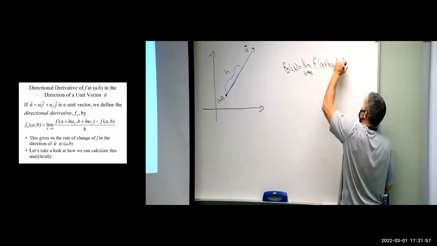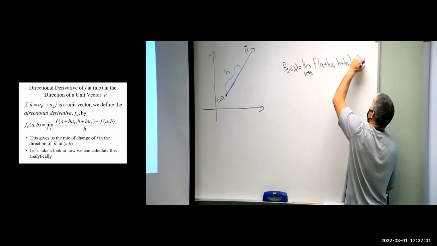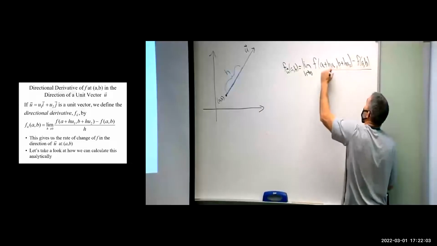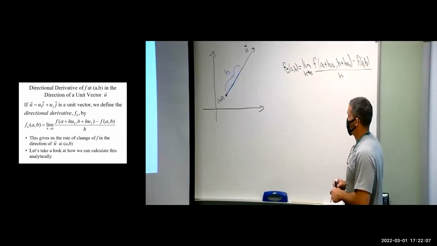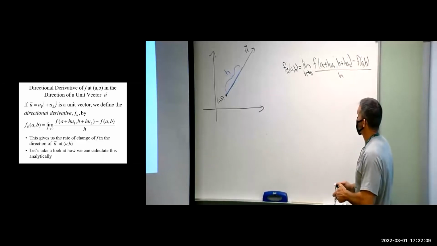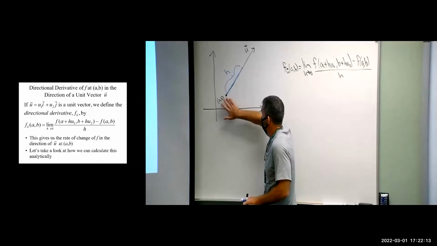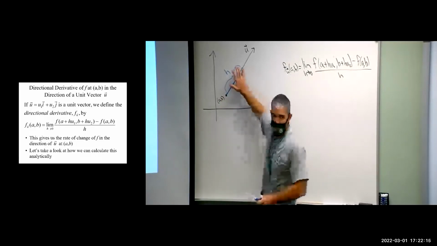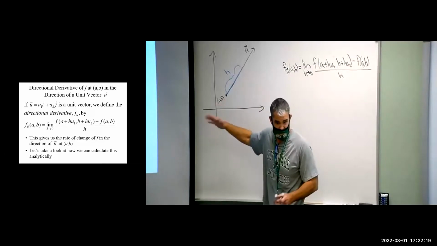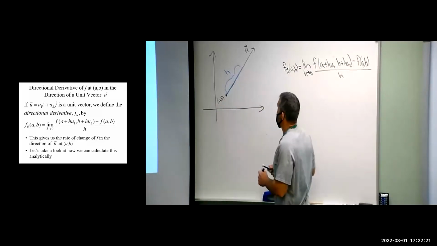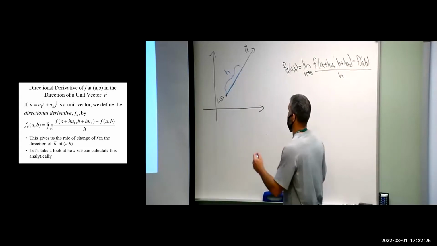You do not need to know this, but there's something I want to show you. Basically what's happening is we're looking at the change between the output at this point and the output at this arbitrary point as H goes to 0. That's the idea.